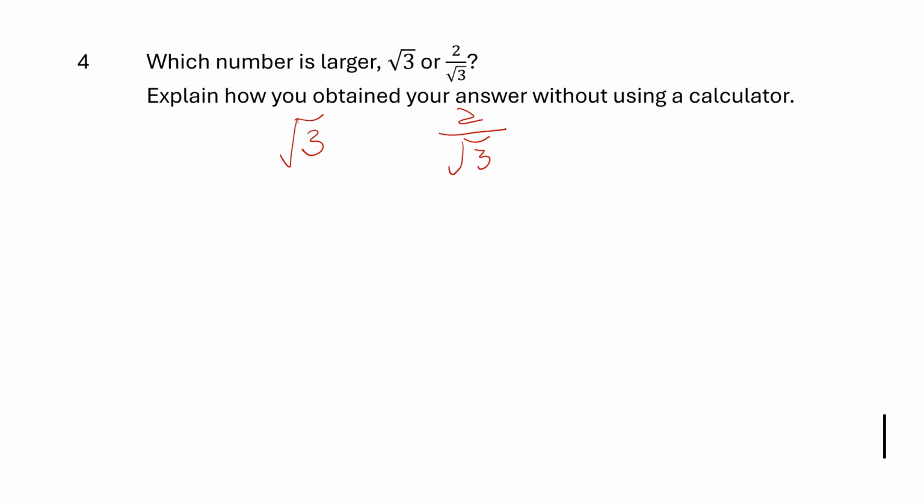And then the question says that you're not supposed to use a calculator, meaning you're not going to use a calculator to evaluate square root 3. Let me show you what it means by cannot use calculator. This is, and then 2 over square root 3.